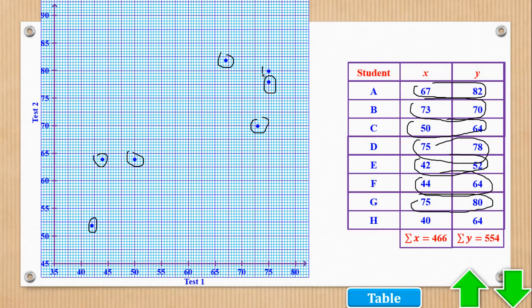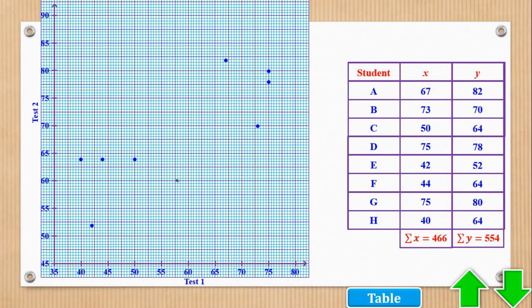So you need to be keen when you're plotting. 40 corresponding to 64. And then, so there we have plotted our scatter diagram. That's what they mean by scatter diagram.